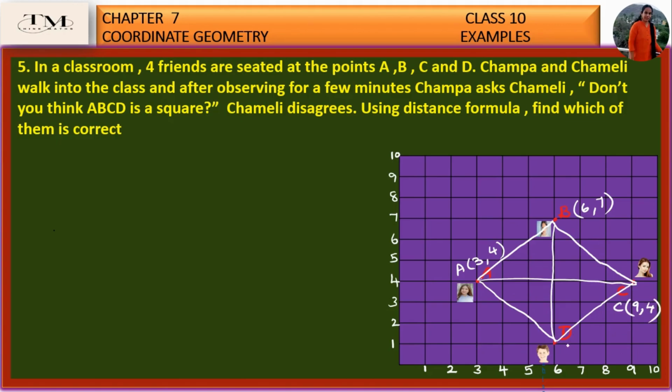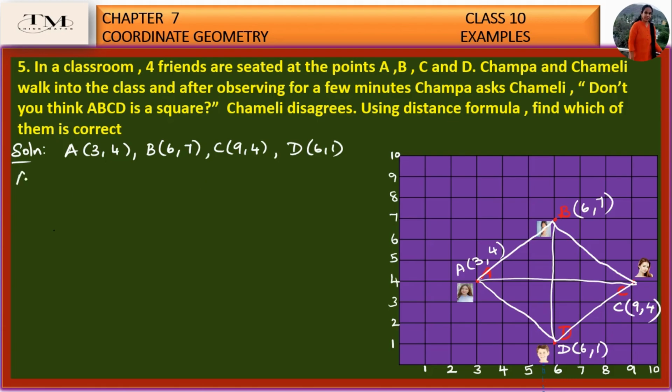What about D? The point D is straight to 6 in x-axis and straight to 1 in y-axis. So it is 6 comma 1. So let us start the solution. We get A as 3 comma 4, B as 6 comma 7, C as 9 comma 4 and D as 6 comma 1. So we have to check whether it is a square or not.